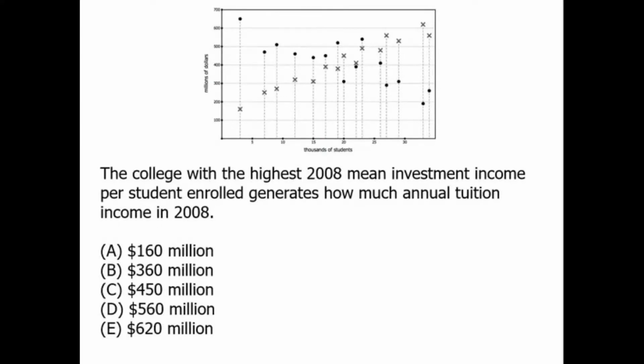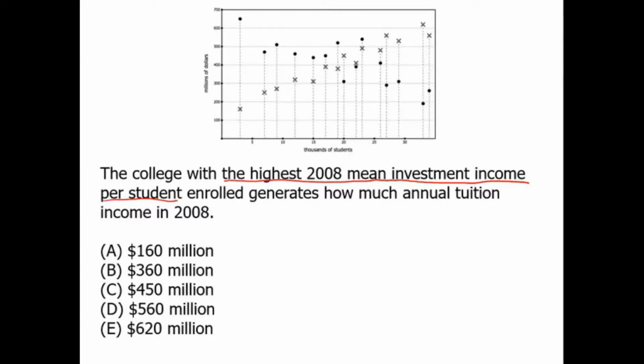So this question asks, the college with the highest 2008 mean investment income per student enrolled generates how much annual tuition? So first of all, step one, we have to find the college with the highest 2008 mean investment income per student. So let's think about this. We don't have to figure out a bunch of different averages.